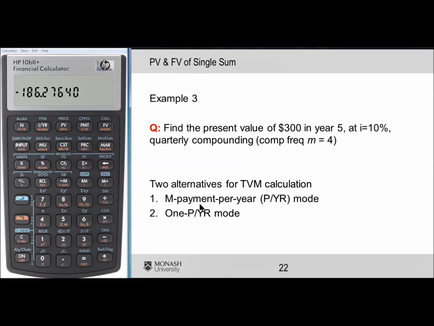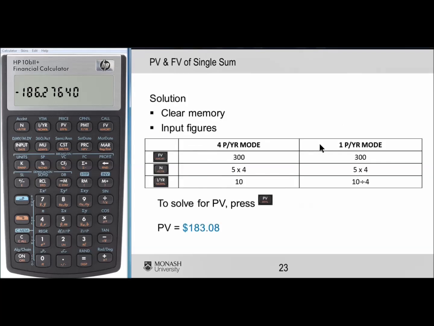Firstly, we can set our calculator into the correct payment per year mode. So in this case, it is 4 payment per year mode. Alternatively, we can still stick with 1 payment per year mode. Either way, first of all, clear all memories and check the payment per year mode.